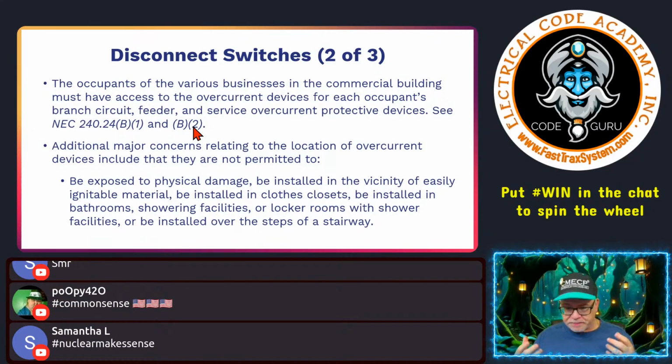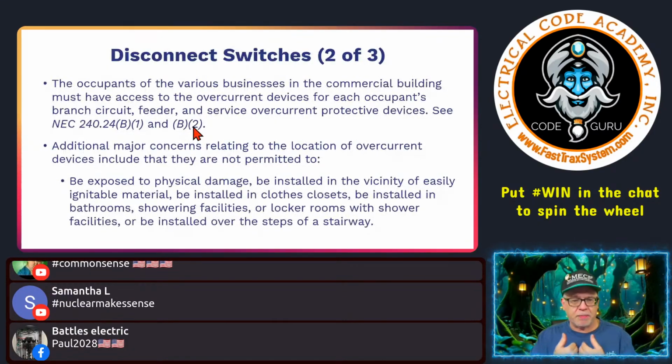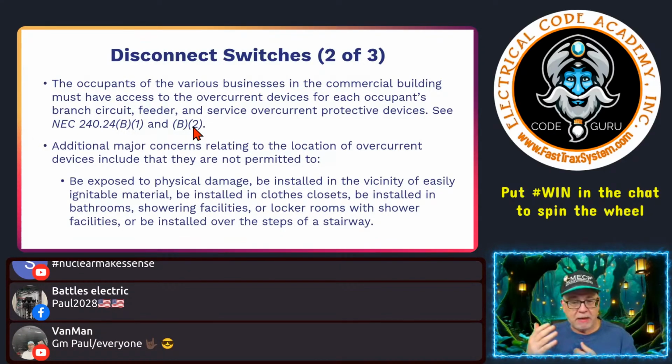The services may be somewhere everybody can get to, or only accessible to those who are qualified, kept somewhere else. We can look at that in the code if we want. But at the end of the day, each occupant has to have access to their devices to turn a circuit off or on, or when somebody comes in to do maintenance. That is so important.